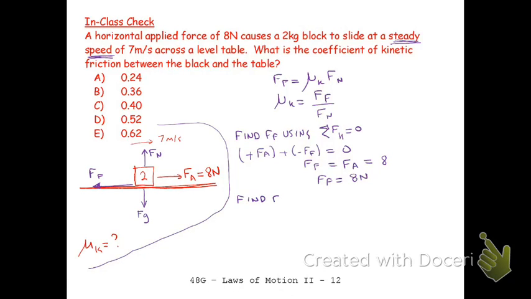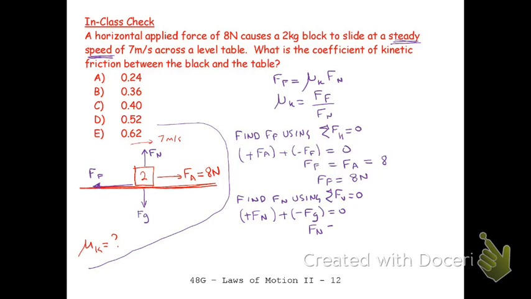Find Fn. Fn is a vertical thing, so let's say the sum of the forces vertically equals 0. Why is it not accelerating? Because it's not rising up in the air faster and faster. It's not descending into the earth faster and faster. It's just traveling on a level table, so no acceleration vertically. I look at my diagram and I say Fn, which is in the positive direction, added to minus Fg, minus because it's in the negative direction, equals 0.